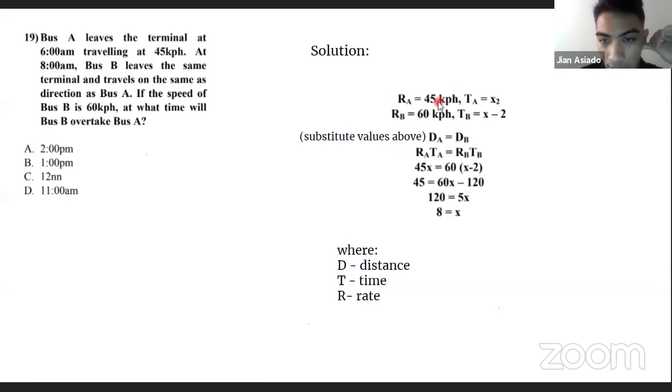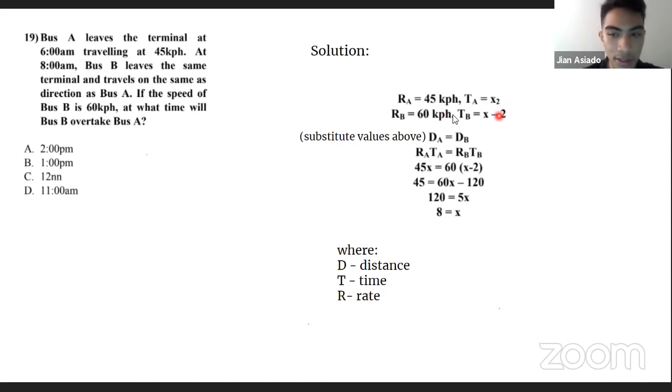So ito si R sub A, ibig sabihin ito yung speed or rate, no? Rate is equal to speed din sa terminologies natin. So yes, ito si TA, si TA yung time ni Bus A, no? Bago sila time ni Bus A para mag-meet, ma-overtaken siya. At si rate naman ni B, 60 kilometers per hour.